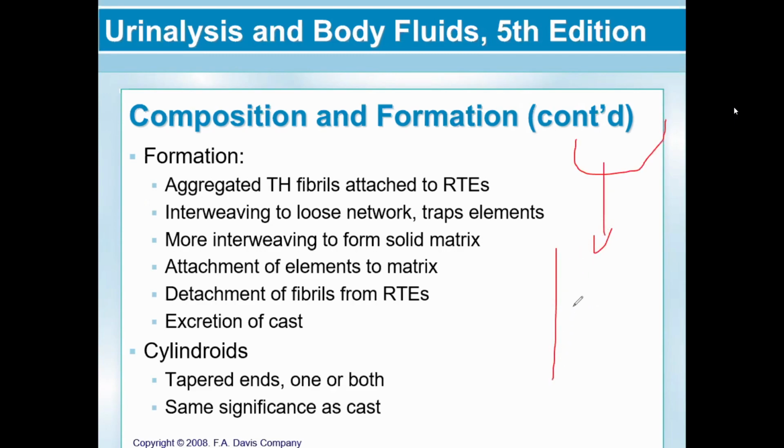So kung yung sa tubule natin, andyan yung mga Tamm-Horsfall fibrils natin, at nag-form sila ng matrix, yung mga red cell na dumadaan dito, tinatrap nila. Kaya in glomerular bleeding or damage, meron din tayong presence ng RBC casts, okay? Because of that. So natatrap sila. Okay? Or minsan may WBC cast pa kasi sa sobrang sira na nung glomerulus mo, hindi na lang red cell yung lumalabas, pati yung mga white blood cells mo matatrap din doon sa matrix. Kaya may RBC cast mo, may WBC cast mo.